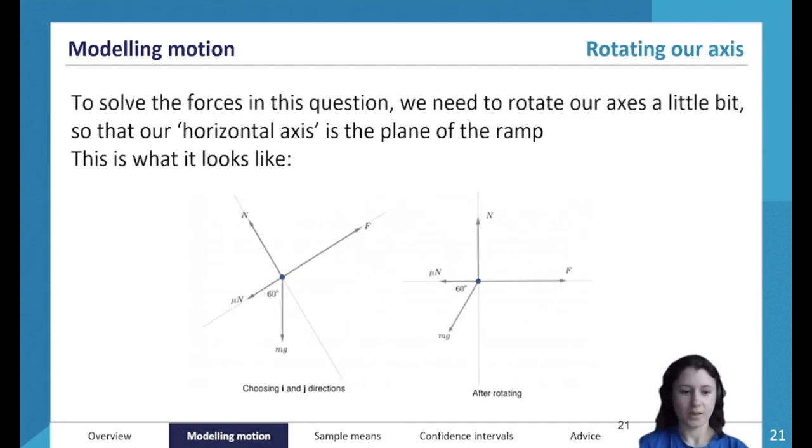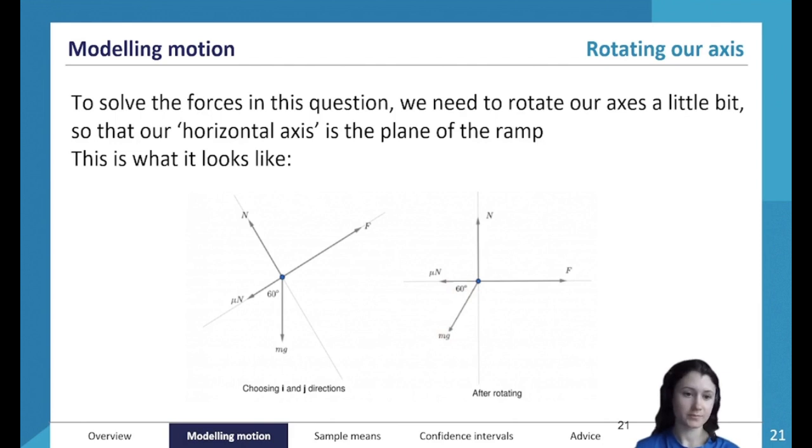However, if we have a look at our diagram here, alright, it actually is a little bit easier if instead of using that 30 degrees, we use the 60 degrees here. Okay? So what we can actually do here is we can figure out the horizontal and vertical components of this vector. This one here.